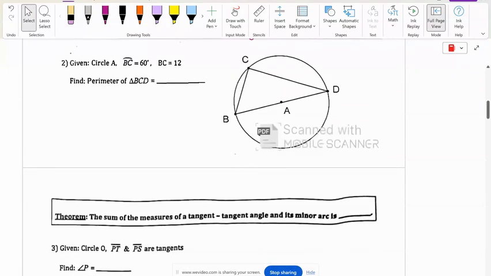All right, so given circle A, so we know the center of the circle is A, arc BC is 60, segment BC is 12 units long. We want to find the perimeter of this triangle.